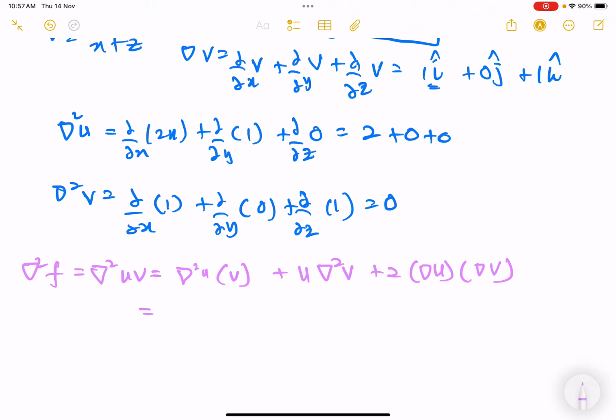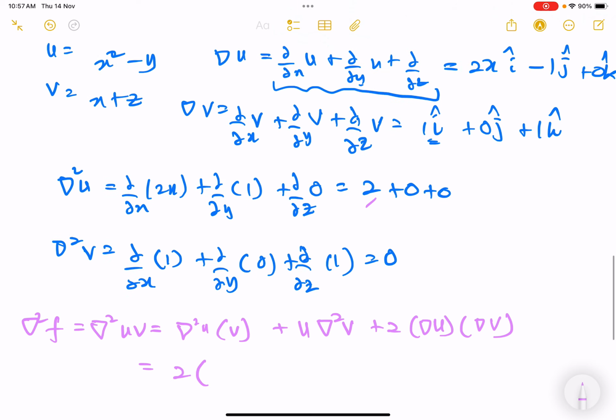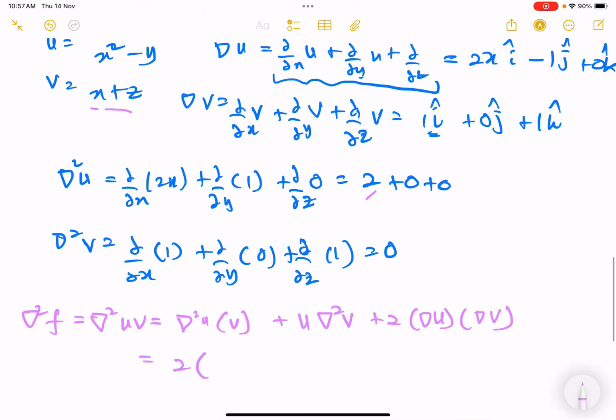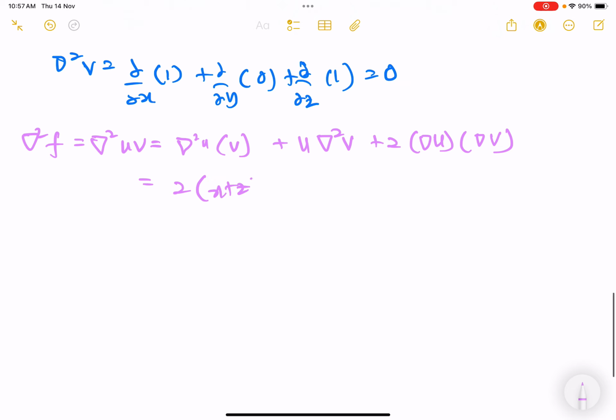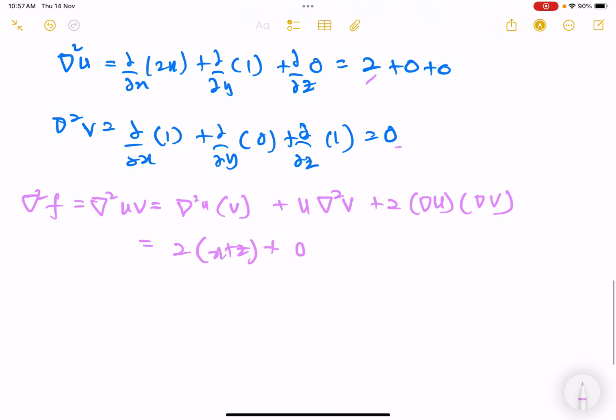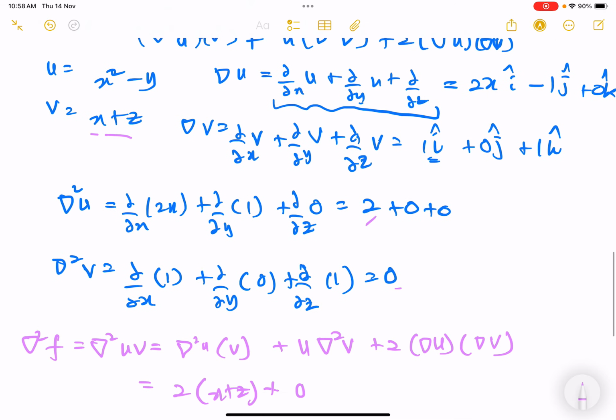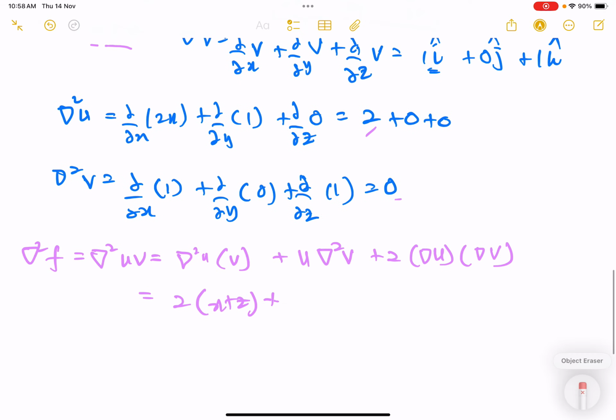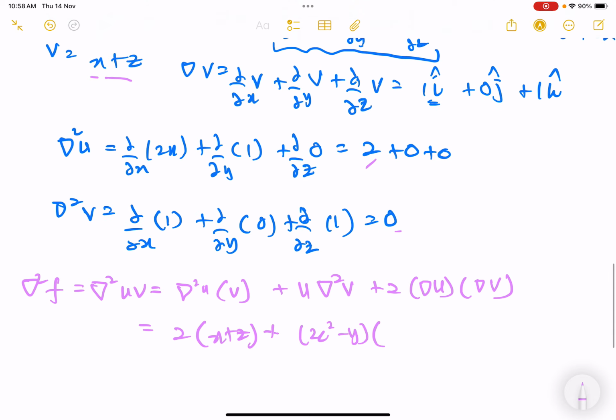Okay, so what is our squared one? The Laplacian of our u is equal to 2. Then what is our v? So v is this one, x plus z, plus 0, because our u is x squared minus y, but our nabla of v equals 0.